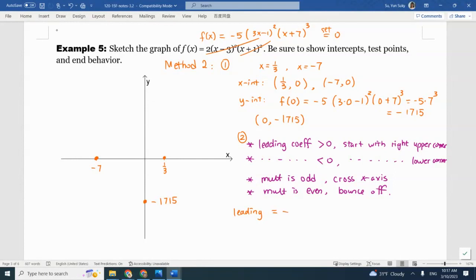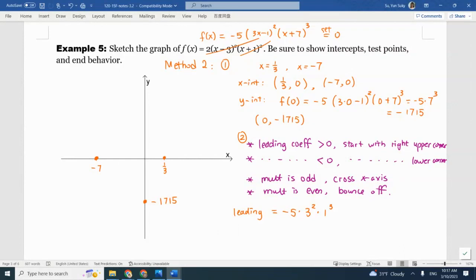Then do you see for this factor, what's the leading coefficient of this factor? The 3. So 3 squared. You see, everybody? Next one. What's the leading coefficient for this factor? 1. So 1 cubed.